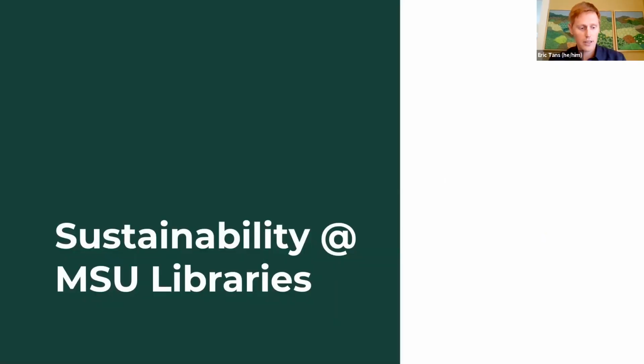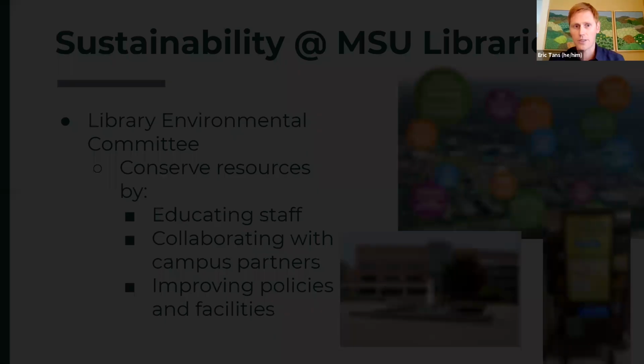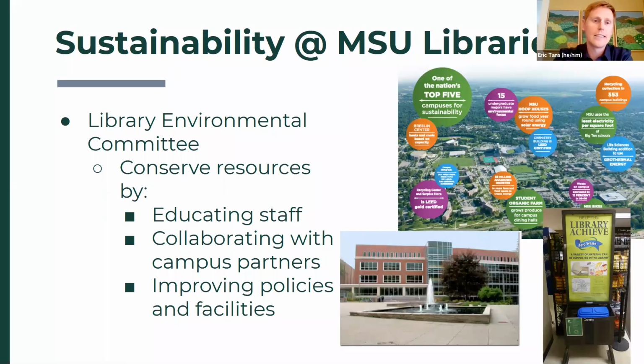So we'll start with discussing some of the context of sustainability at Michigan State University and the libraries. At the libraries, there is a library environmental committee. Terence and I are both members of this committee.